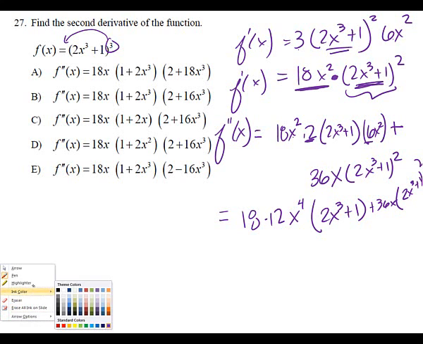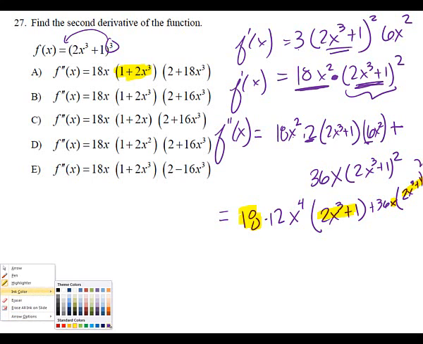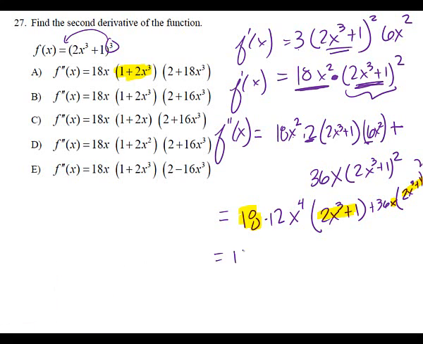Look at what they pull out. What do they pull out? They pull out an 18x, right? And notice this here is the same as this, but written backwards, isn't it? They also factor one of those out. So let's see what happens with that. I'm going to pull out 18x, and I'm going to pull out the 2x cubed plus 1.